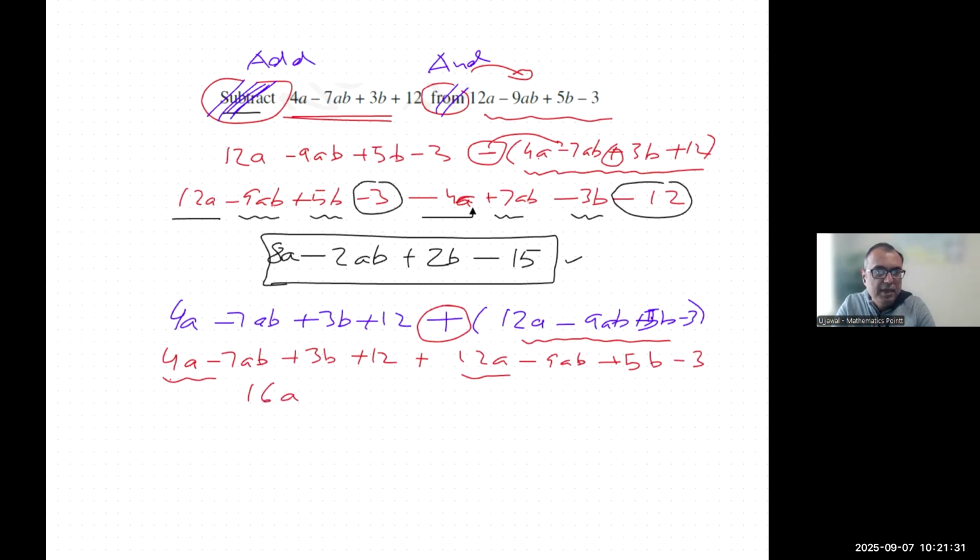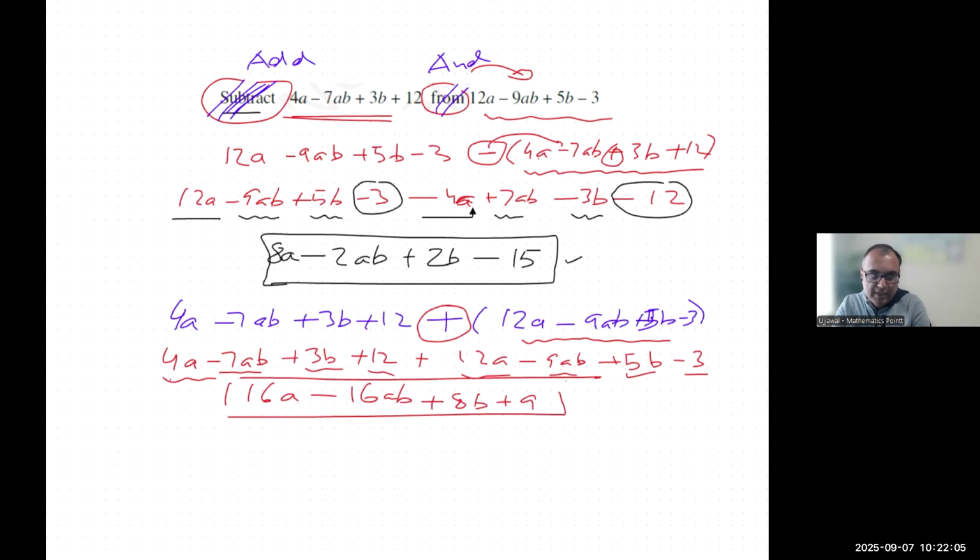Negative 7ab and negative 9ab makes negative 16ab. And then 3b and 5b positive makes a positive 8b. And positive 12 take away negative 3 is 9. Good job. That's the answer.